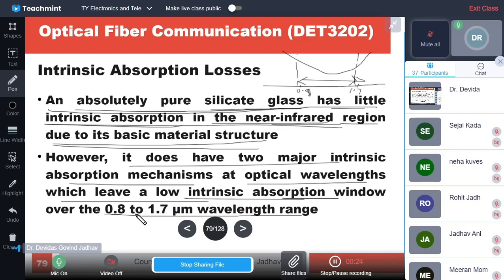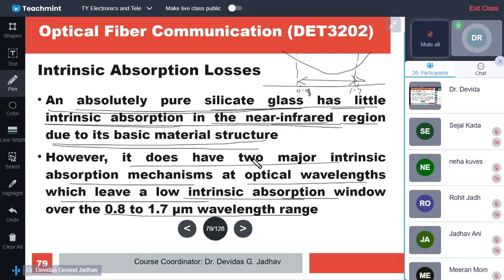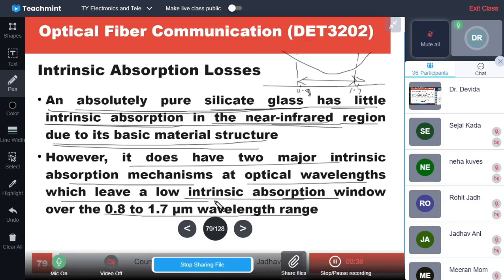We have discussed this: 0.8 to 1.7 micrometer is the optical communication window, which has minimum loss if you consider loss on the y-axis. That's why this window is selected.